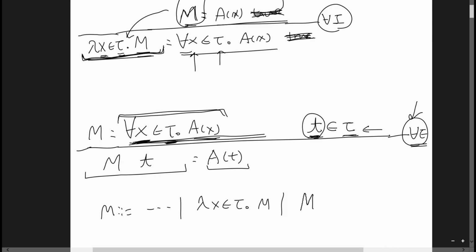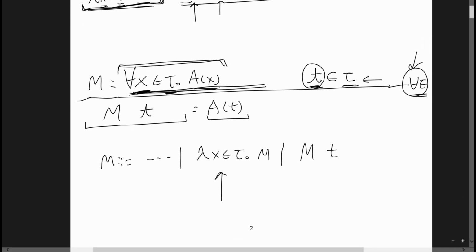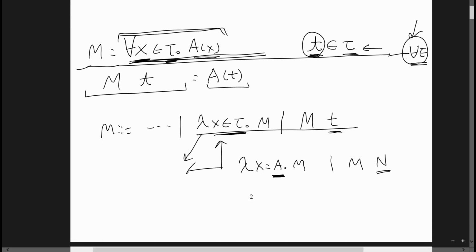So now we have m applied to t. So it's almost like the previous lambda form, for example, lambda x A of m, and m applied to another proof term. The difference is this time we deal with terms instead of proof terms. Here the binding is about types, but here the binding is about data types. But essentially there's no difference between these two, in the sense that they both represent some sort of function which takes an argument and returns something new.